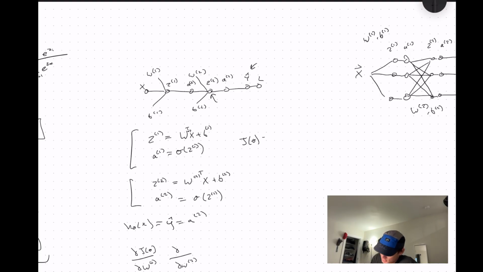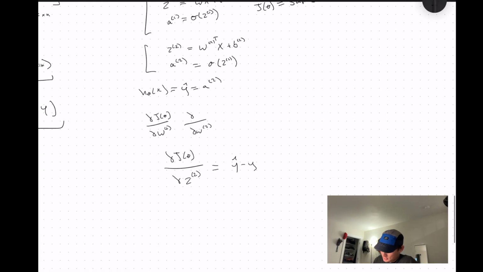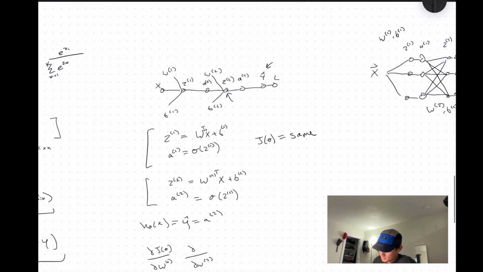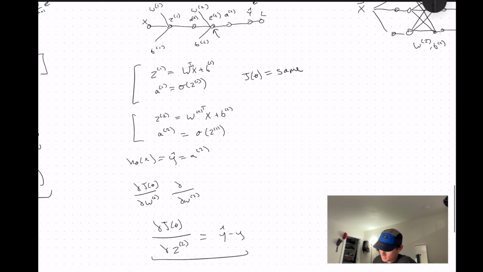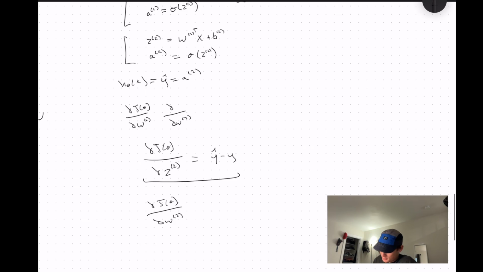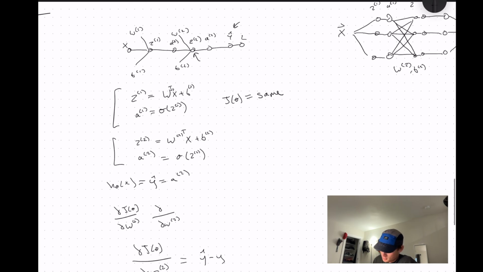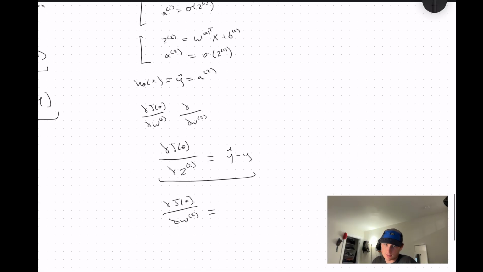So J0 is the same, which means this is the same because we haven't really gone deeper than we have before. So actually all of the things closest to the loss are exactly the same as we had before.